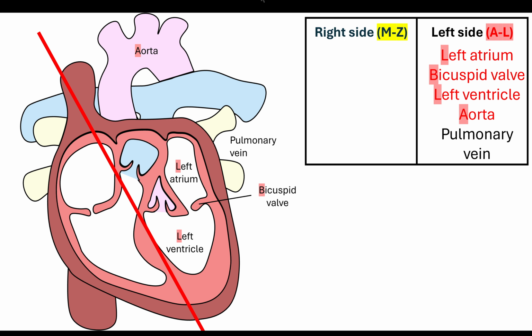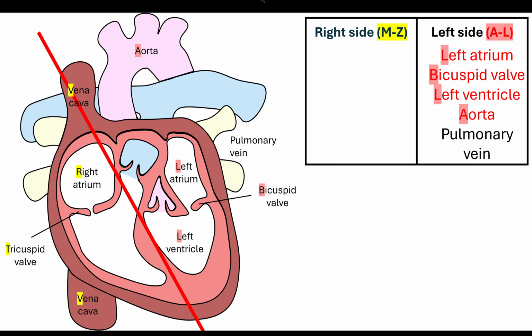Now if I move over to my right side, I can use the alphabet again, my M to Z. So this time we're going to start with the vena cava. The vena cava comes from the superior vena cava at the top, the inferior vena cava, and both of those lead into the right atrium. So they are the veins that are going to lead into that right atrium.